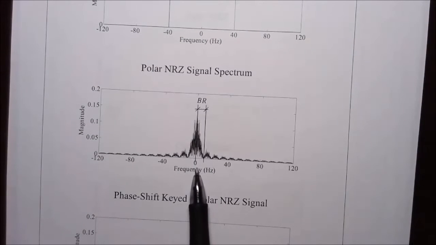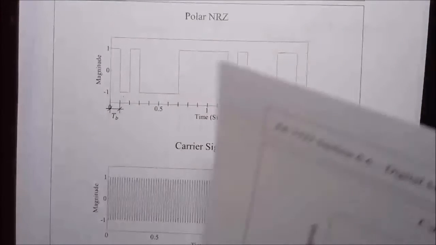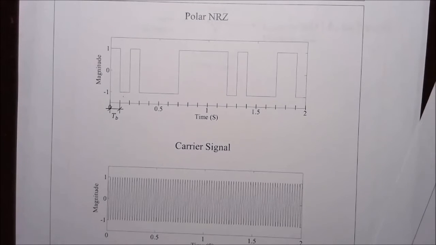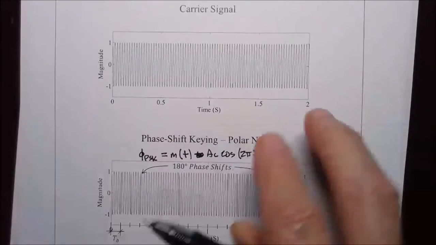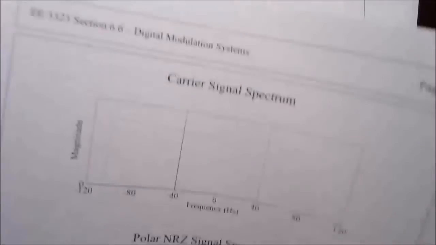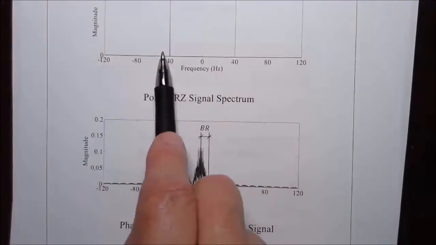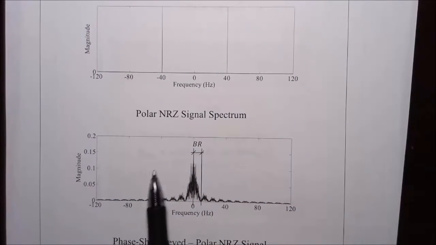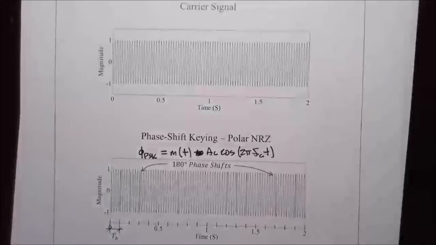The bandwidth to the first null is equal to the bit rate, and as always, when we're taking a message signal and multiplying by a carrier, we take the spectrum of the message signal and convolve it with the spectrum of the carrier, so we get this shape shifted and replicated at the carrier frequency.